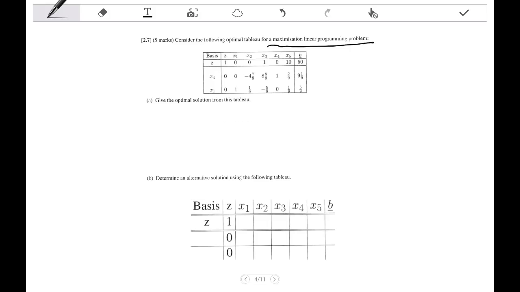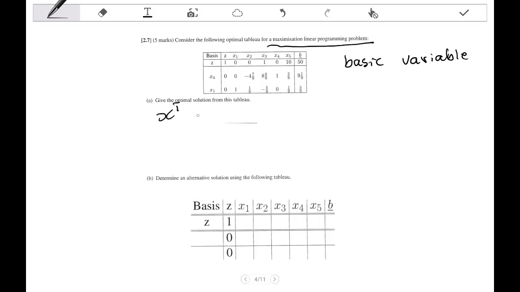Then the surplus or slack variables are what we call basic variables at the initial table, because even if it's not an initial table, when you are doing the problem, they are going to be the basic variables. And then the non-basic variables are the variables that have a non-zero coefficient in the objective function.